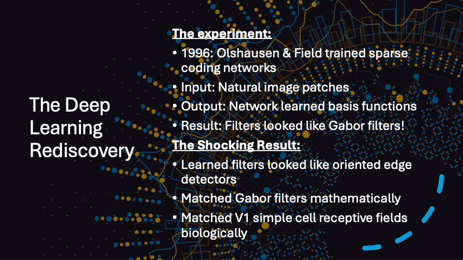Three completely independent fields: evolution, mathematics, and machine learning all converged to the same exact solution. This tells us Gabor filters aren't just arbitrary, they are the optimal way to analyze natural images.